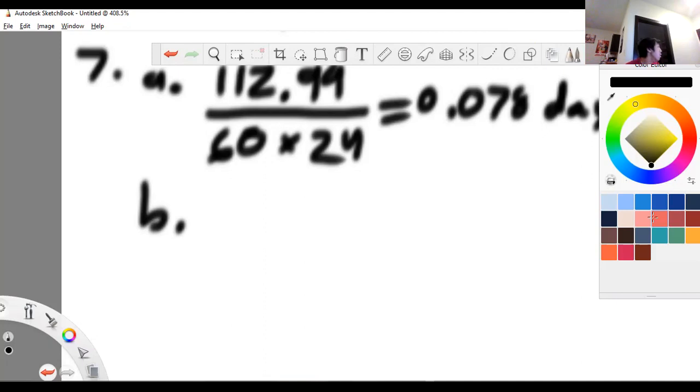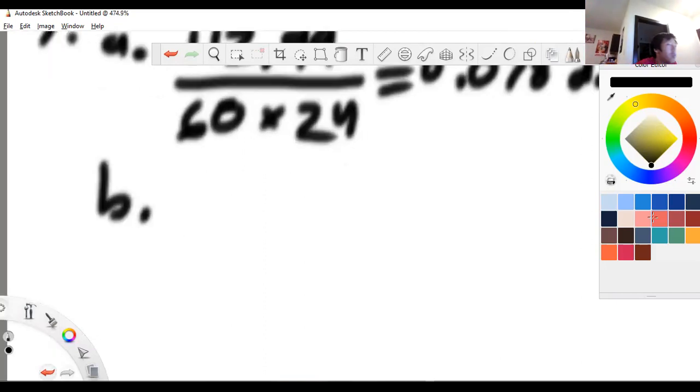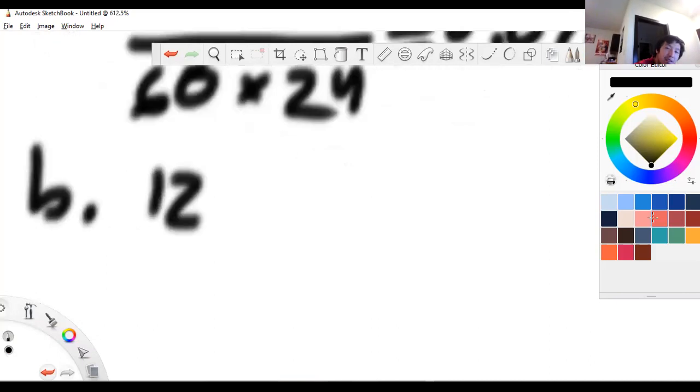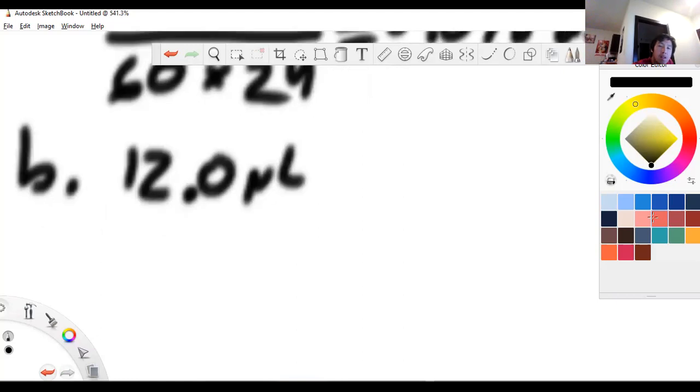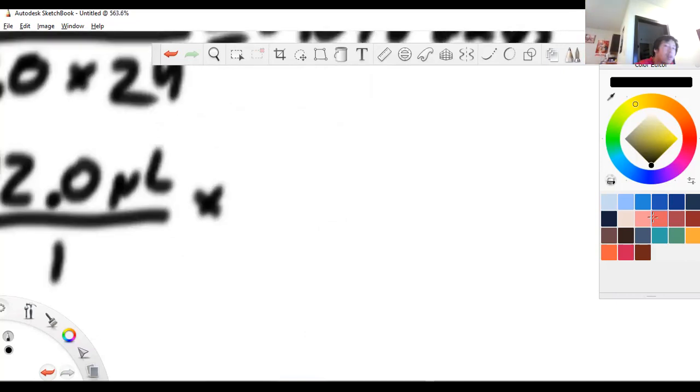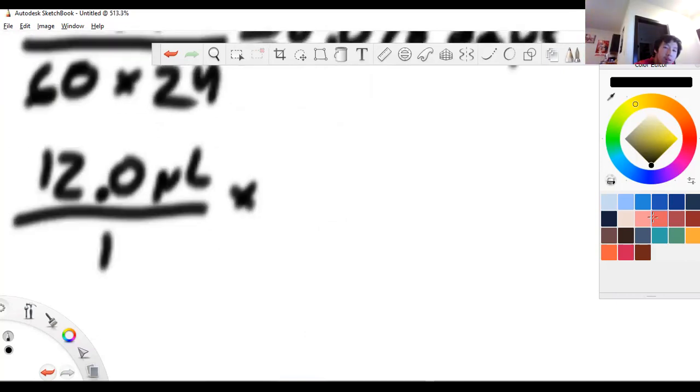We did that. Microliters to centimeters cubed. Okay. We'll do the fashion dimensional analysis. So 12.0 microliters over 1 times, so going up, we divide.